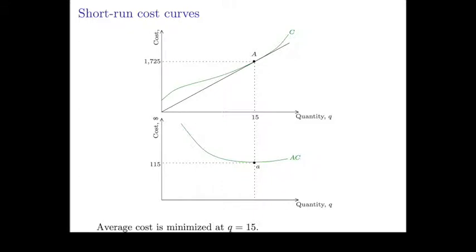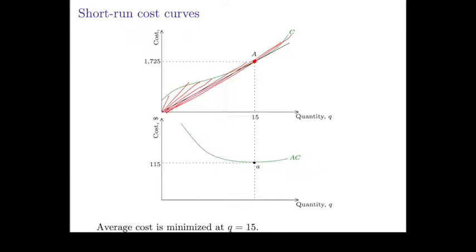Now, if we look for this point A, where the slope of that line would be lowest, right? If we draw lines from the origin to all the different points on the cost curve, the flattest one is the one that touches the cost curve at A. Remember, the slope of this line tells us what the average cost is. So the point on the cost curve where the line from the origin is flattest gives us the point where the average cost is minimized, because that's the least slope for one of these lines.